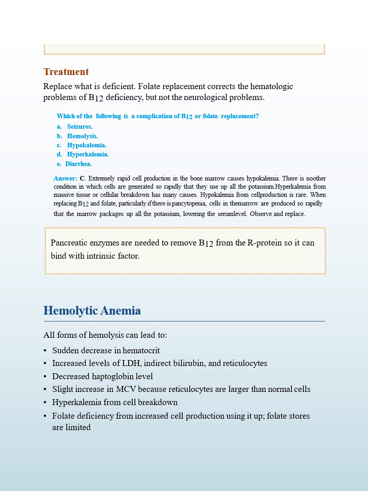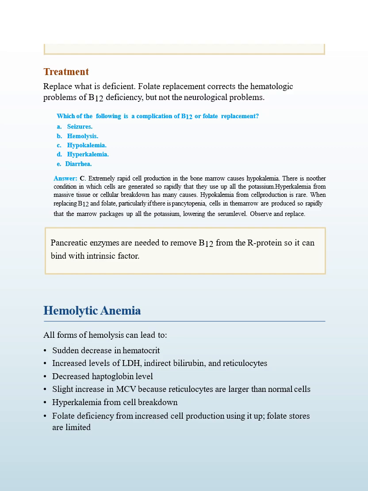The next is hemolytic anemia. There are many features of hemolysis. Number one, sudden decrease of hematocrit. B, increased levels of LDH, indirect bilirubin and reticulocytes. C, decreased haptoglobin level.